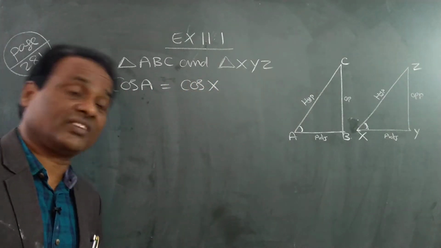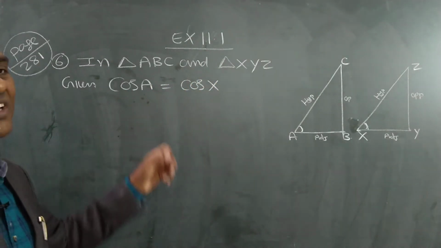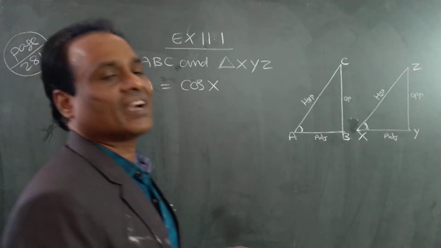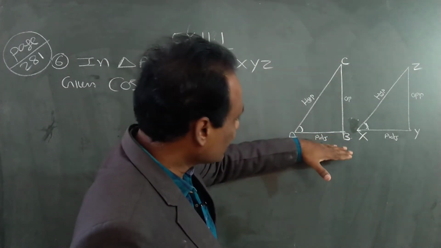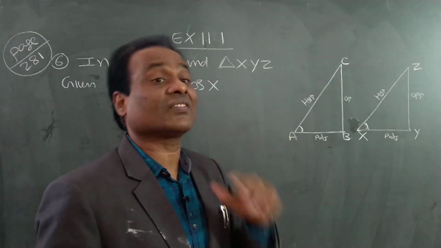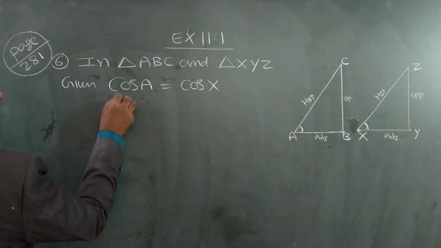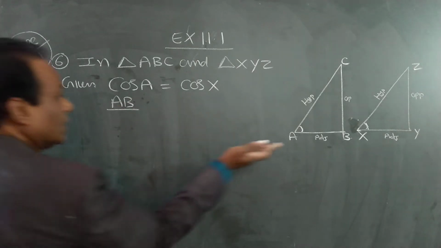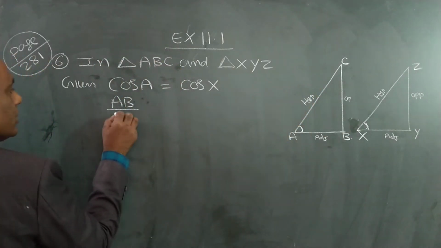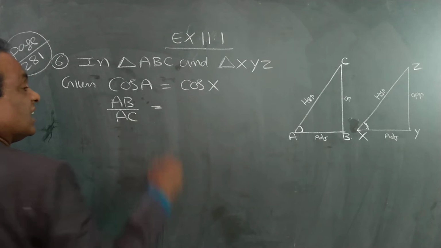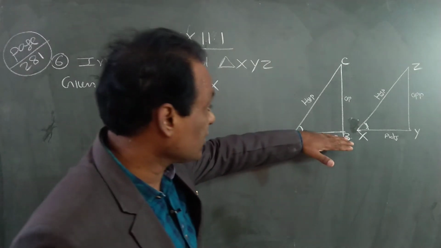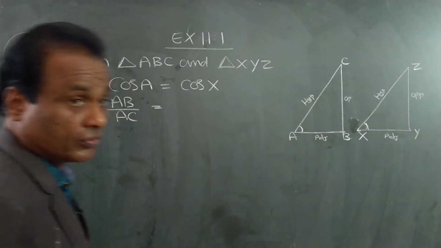Cos A definition. What is the cos definition? See the definitions. Cos theta is adjacent by hypotenuse. See here, AB by AC, adjacent by hypotenuse.